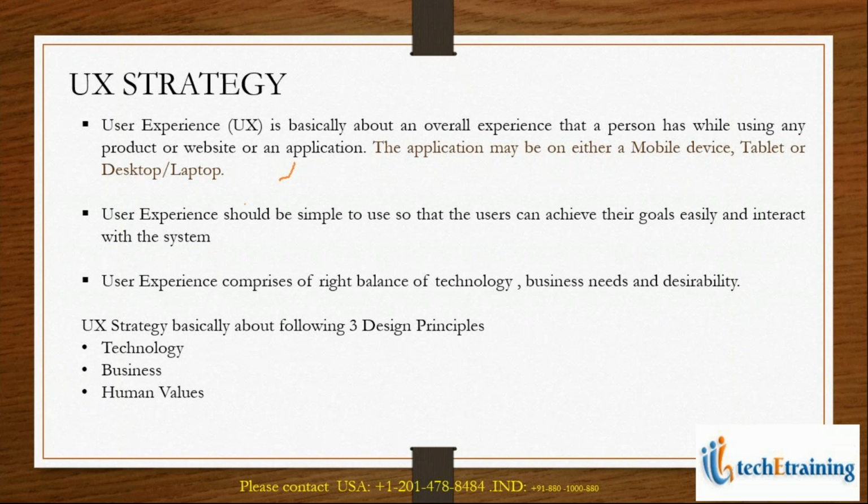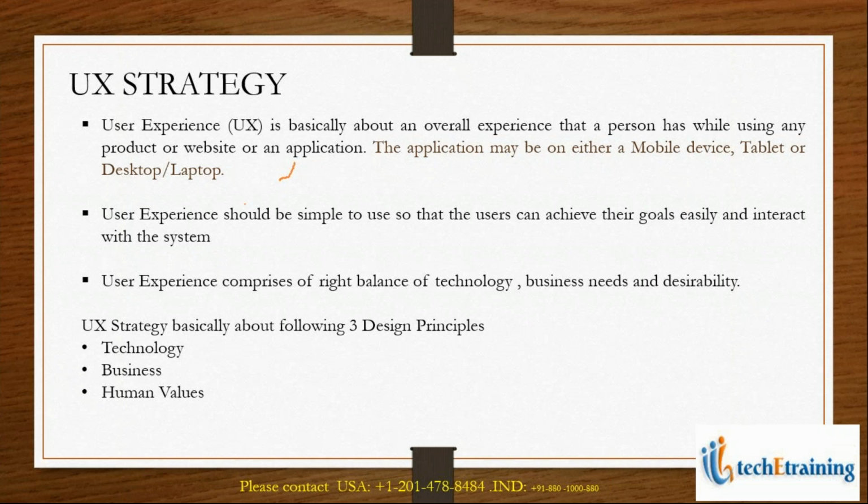One is technology: what technology you are using in order to provide the best user experience. Then business: if you are using a technology that doesn't make sense, it is also needed to consider how you have simplified the business for the end user. So technology and business are the key parts of the user experience.